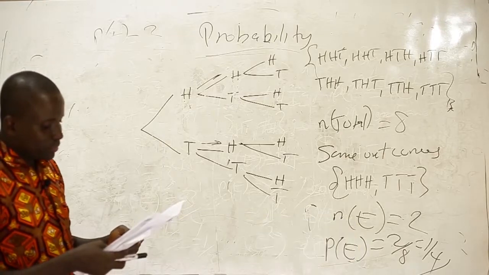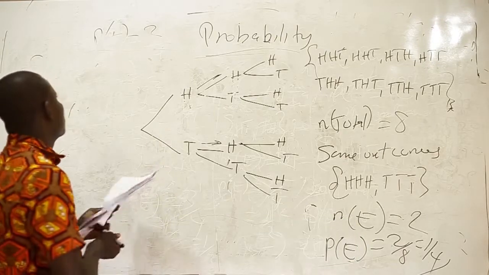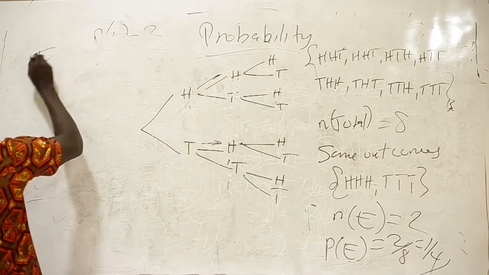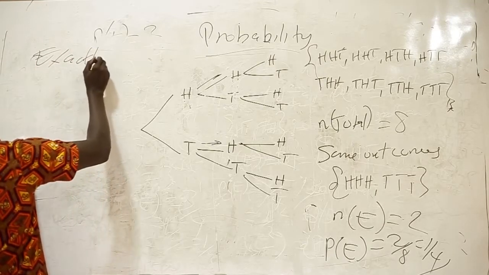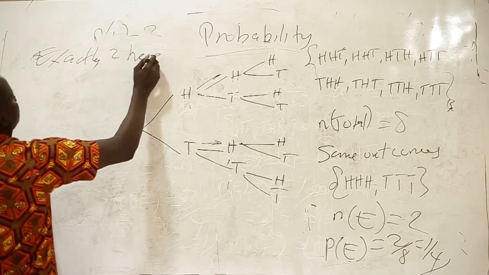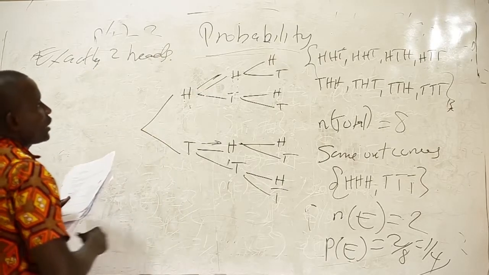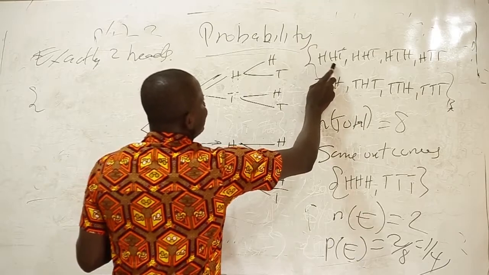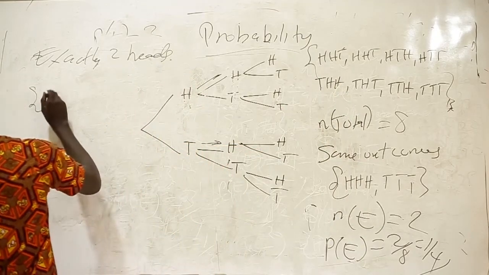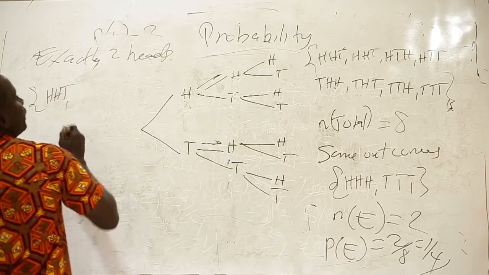Then he says exactly 2 heads. So exactly 2 what? Heads. Exactly 2 heads. Let's extract from here. Exactly 2. Here is 1. HT is 1, right?